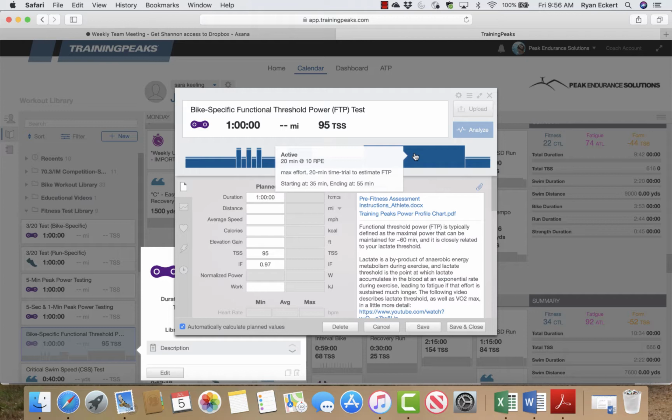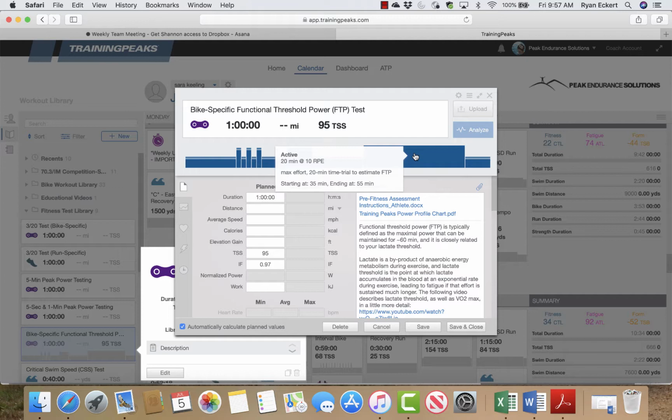But this test is best for those who have a power meter, because what you really want is that 20-minute average power. You take that 20-minute average power and multiply it by 95%, and that, in theory, estimates your 60-minute functional threshold power.